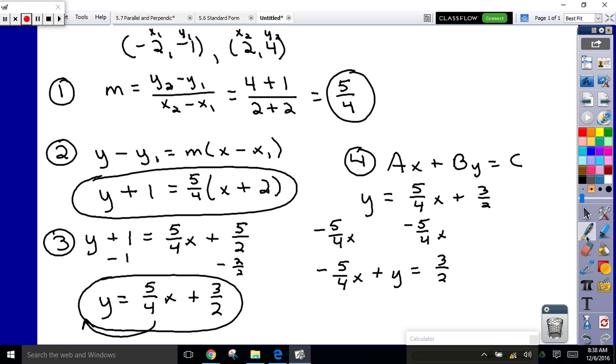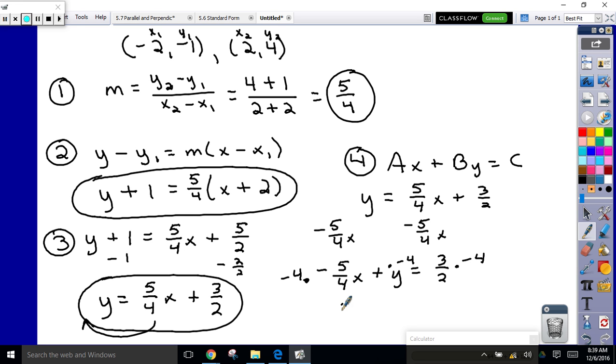Now I have 2 fractions in here. What can I multiply by to get rid of both of them? Athena? -4. -4. Good. That'll get rid of my negative sign, it'll get rid of my first fraction, and it'll get rid of my second one. So times -4, times -4, times -4.